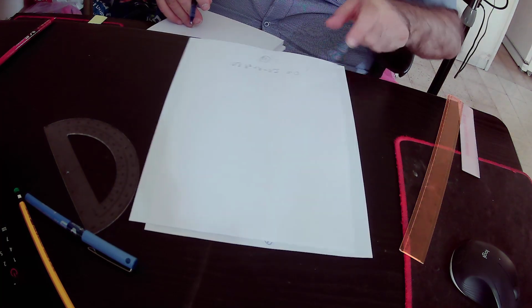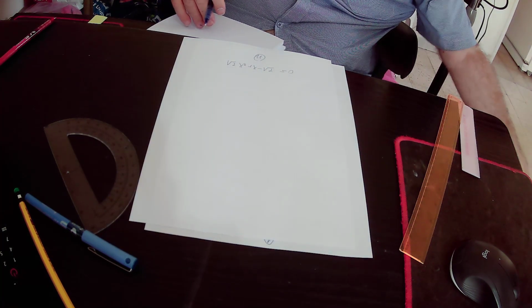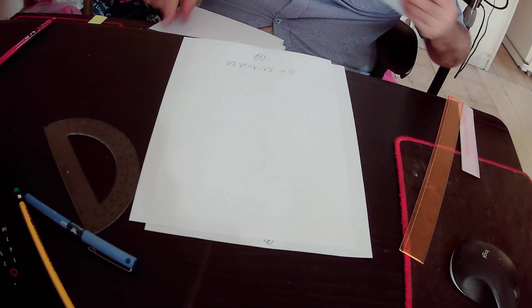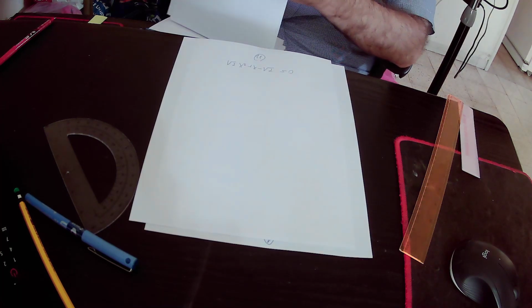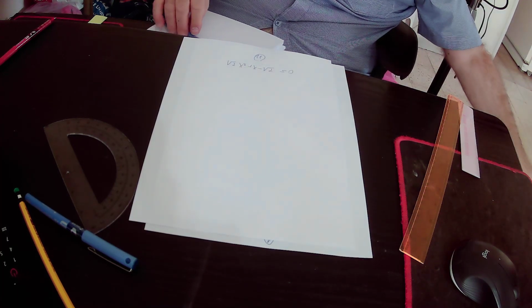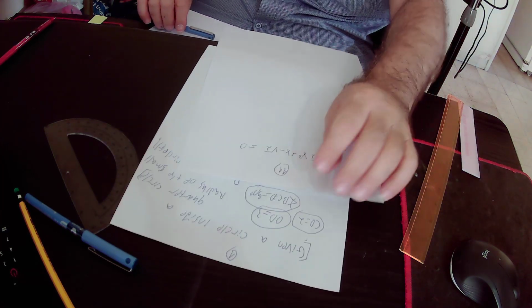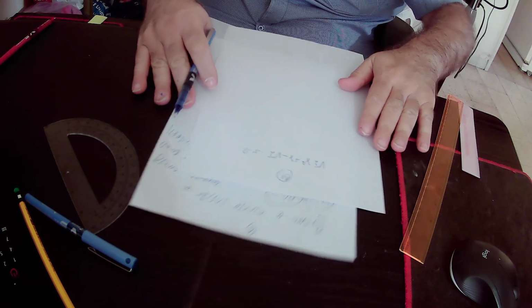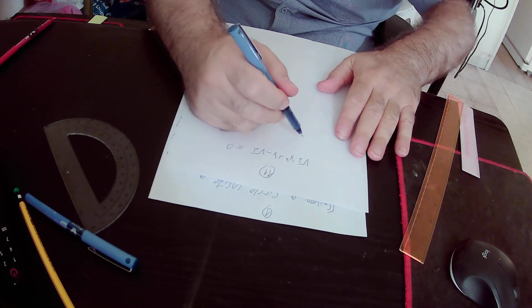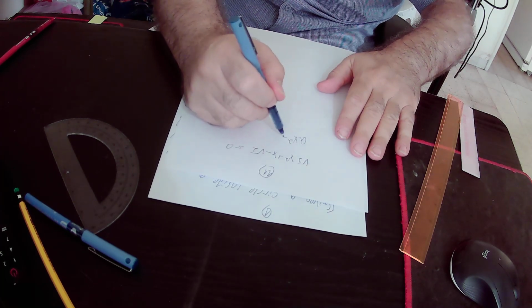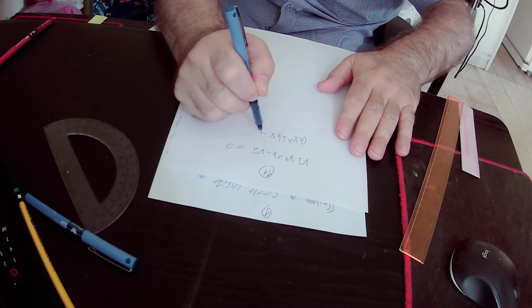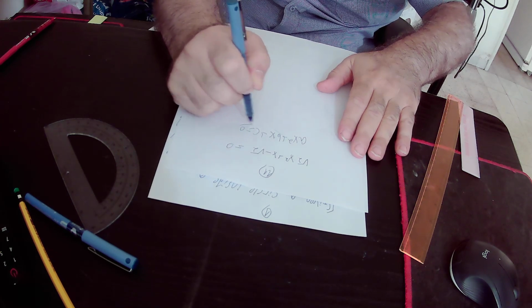We have here a quadratic equation. The general formula for a quadratic equation is ax squared plus bx plus c equals 0.